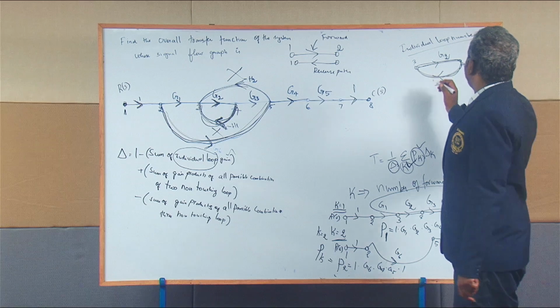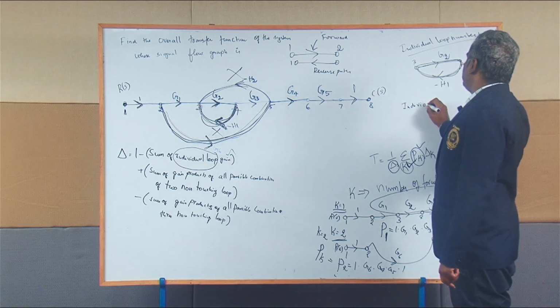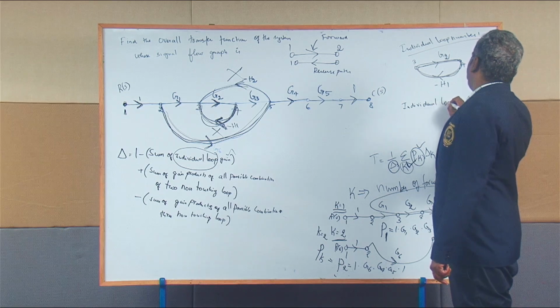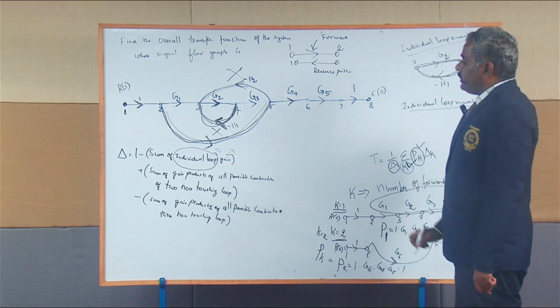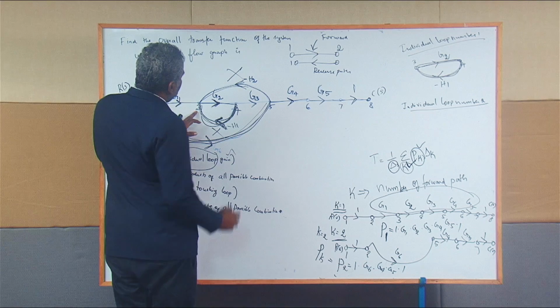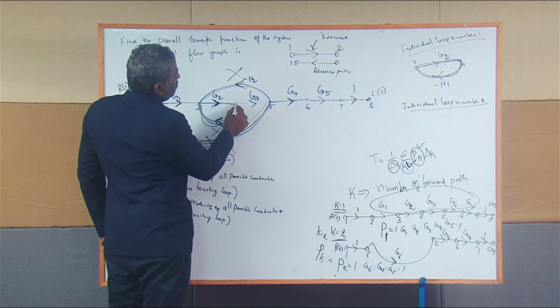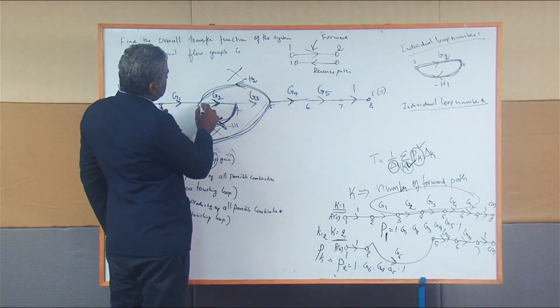Next, individual loop number 2. Again you start with node number 3, node number 3 to node number 4, node number 4 to node number 5, and again it reaches node number 3.